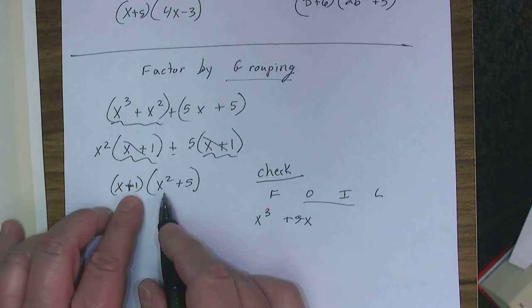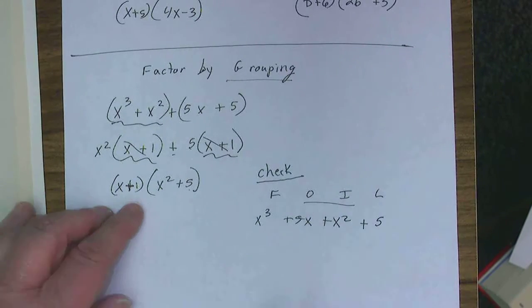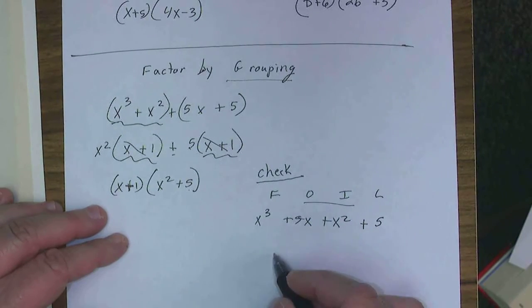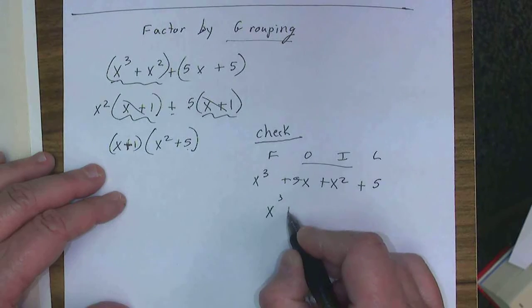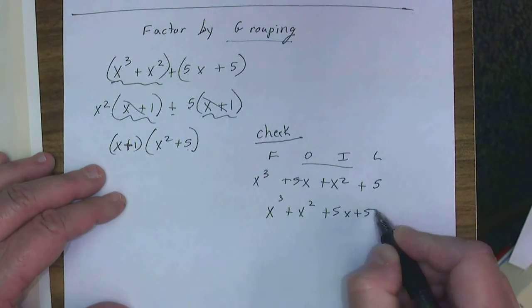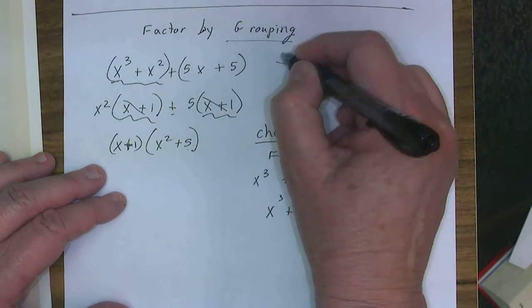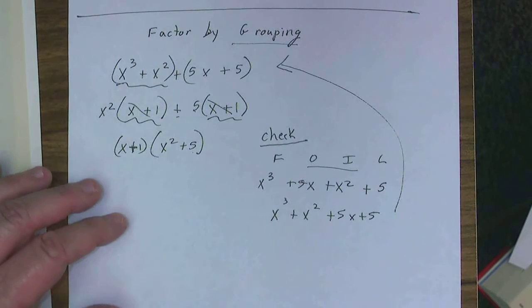The inners are x squared. The last is 5. Now, if you just rewrite it in the order of decreasing exponents, x cubed plus x squared plus 5x plus 5. That's what the original problem is, and so it is factored correctly.